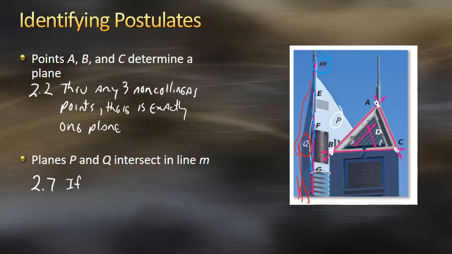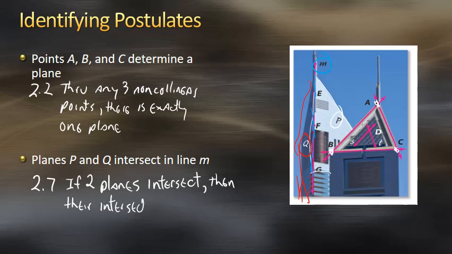If 2 planes, we've got plane P and Q, intersect, which there's no question but what these planes intersect, then their intersection is a line.